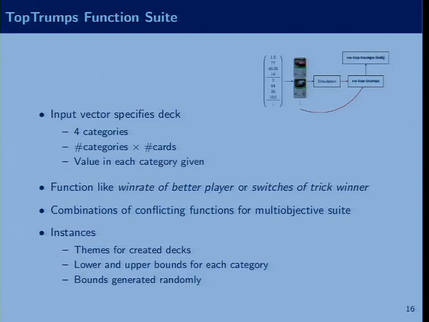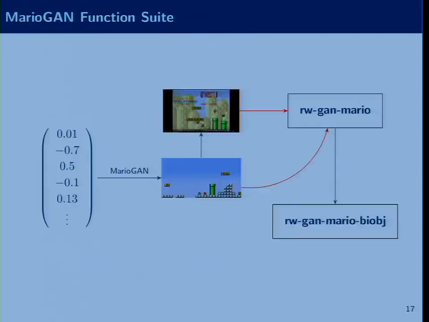So the instances here are themes for creating decks, where we have to define a lower and upper level for each of the categories on the card, and these bounds are generated randomly, so that makes the instances here. Then we have the Mario GAN function suite, and we talked about that already. We have the latent vector here, which runs through the Mario GAN and provides a level.